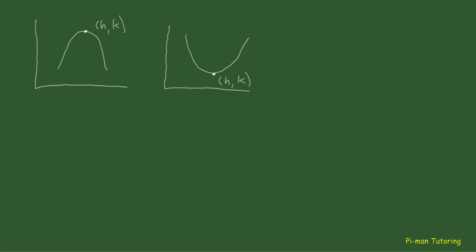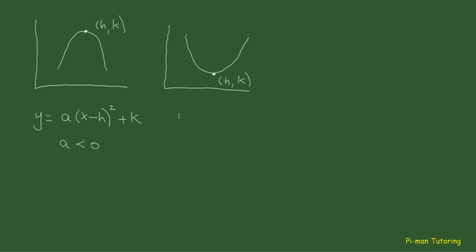And those h's and k's appear in the vertex form of the equation, which, if you remember, is y equals a into x minus h all squared plus k. And this is the case when a is less than 0.